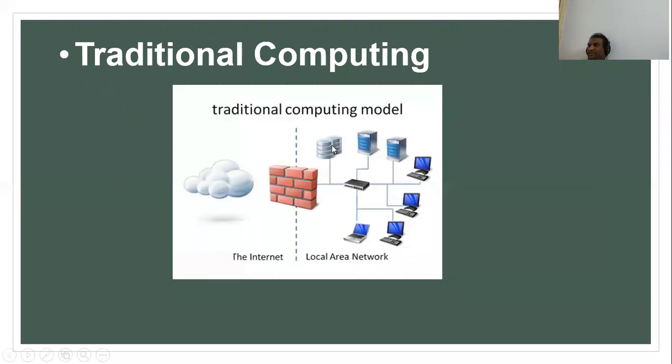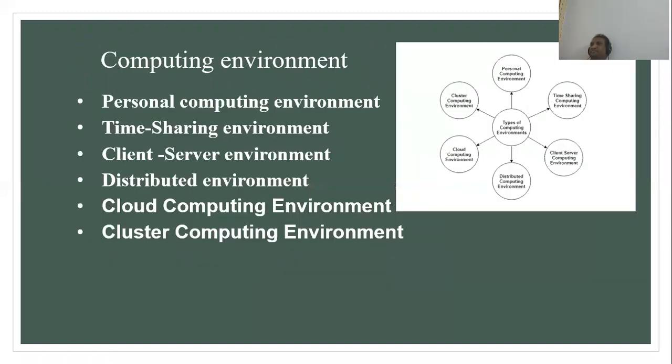This is how it is going to be. These are normal computers which are connected, and when they're connected to the internet, this is the complete architecture model of traditional computing. There'll also be different classifications of computers based on the performance we use day to day. They'll be classified into the following categories: personal computer environment, time sharing environment, client server environment, distributed environment, cloud computing environment, and cluster computing environment.